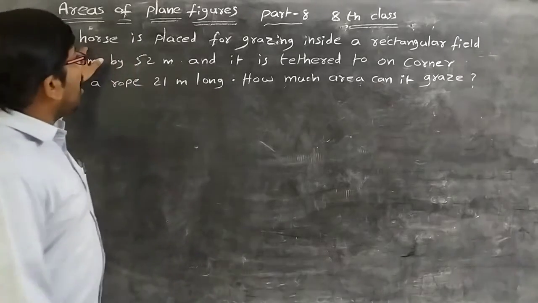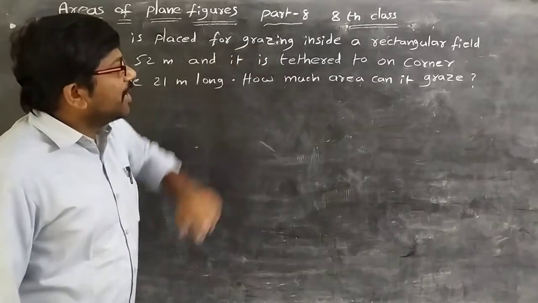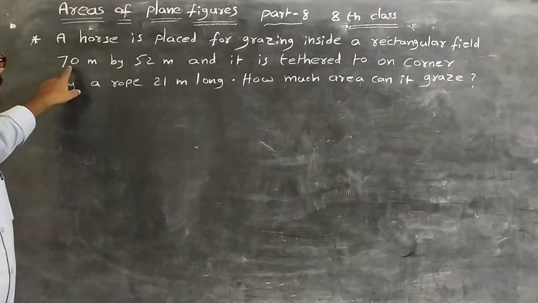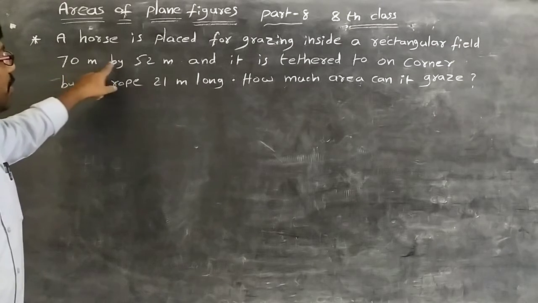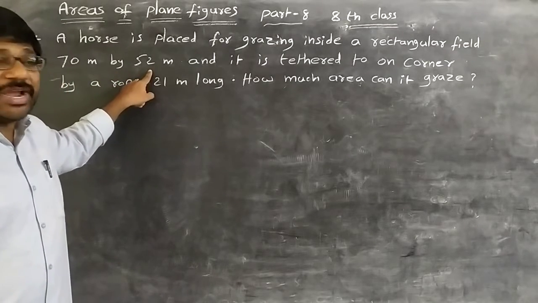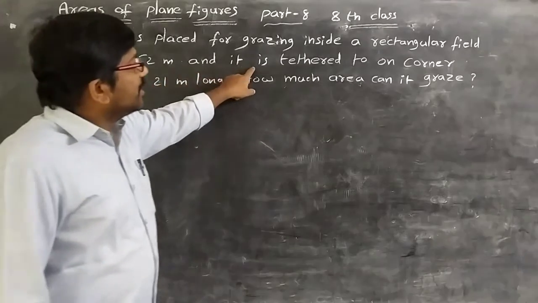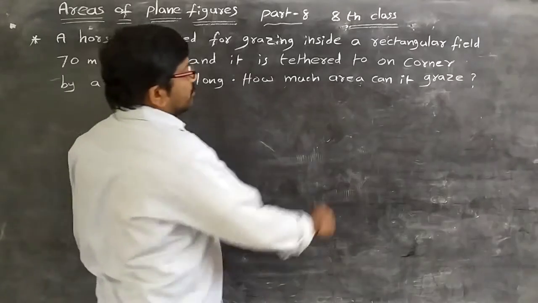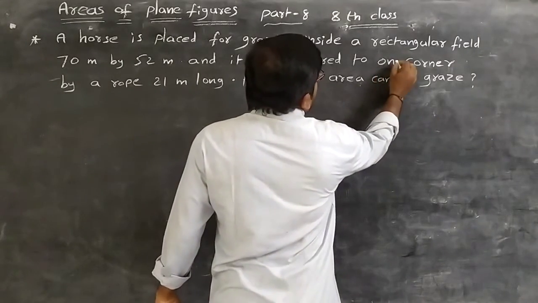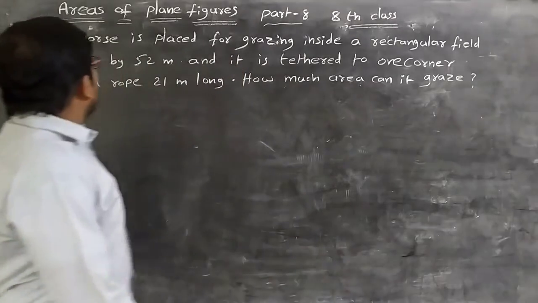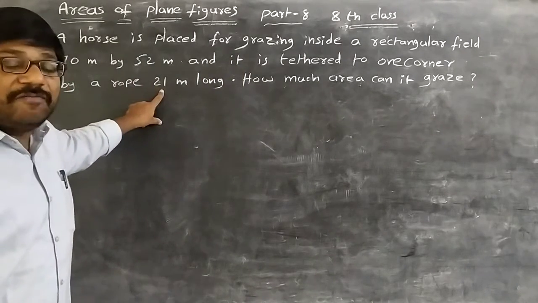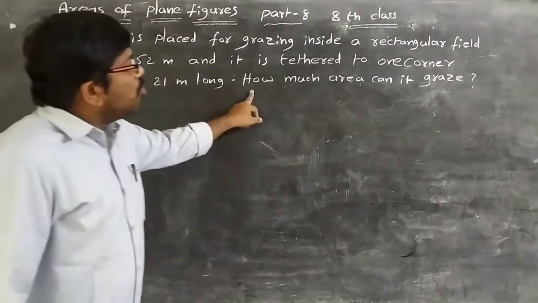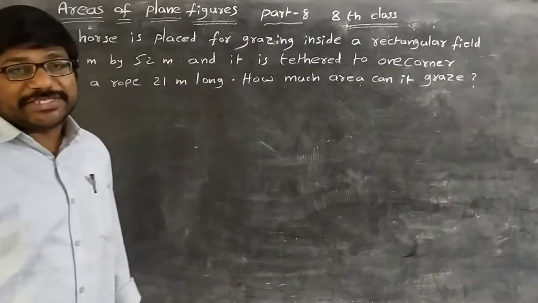Its dimensions are 70 meters length and 52 meters breadth, and the horse is tethered to one corner by a rope of length 21 meters. How much area can it graze?